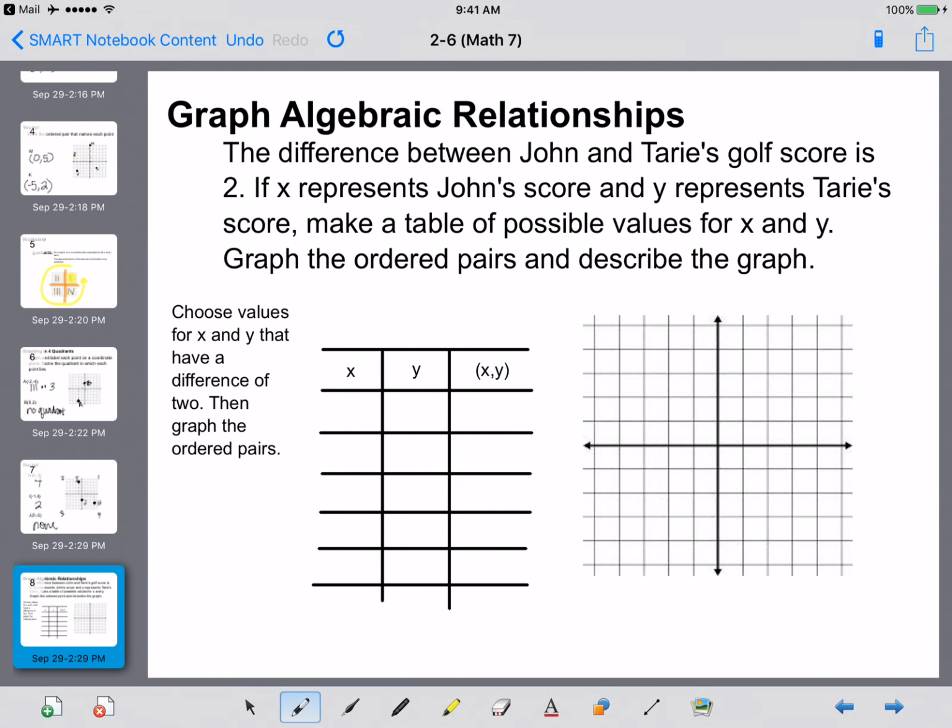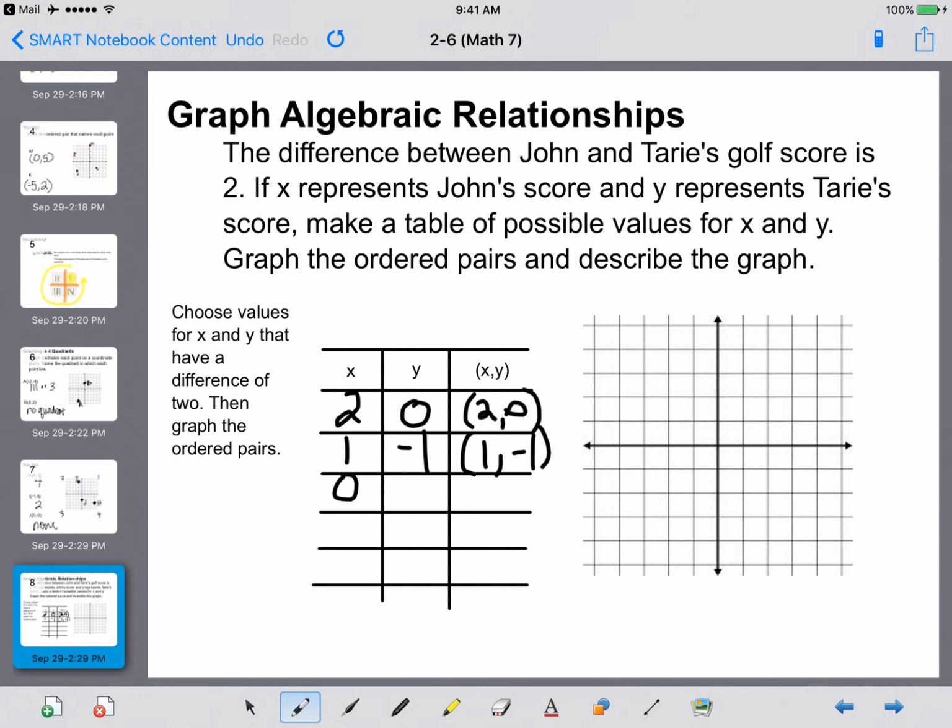So if John has 2, Terry has 0. So our point would be 2, 0. John has 1, Terry has negative 1. 1, negative 1, right? I'm just subtracting 2 from my number.